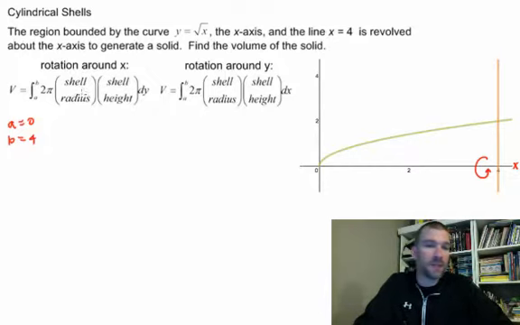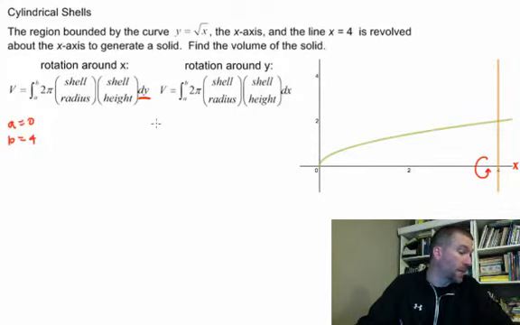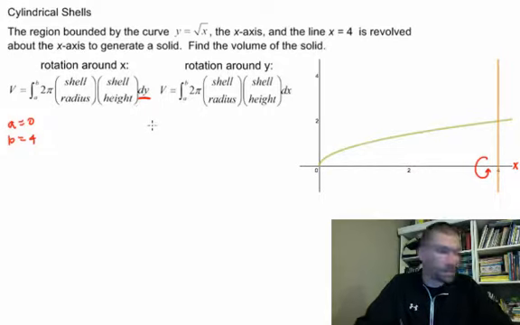But the shell radius and the shell height now are going to be in terms of y. And there's the first mistake that you're going to make.